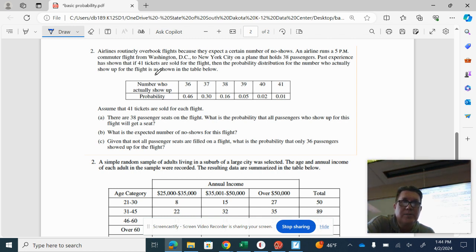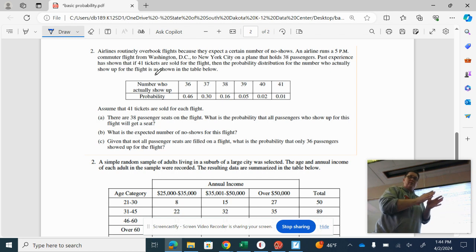Past experience shows that if 41 tickets are sold, then the probability distribution for who actually shows up is in the table below, 36, 37, all the way to 41. Assume 41 tickets are sold for the flight. This is called a discrete distribution.